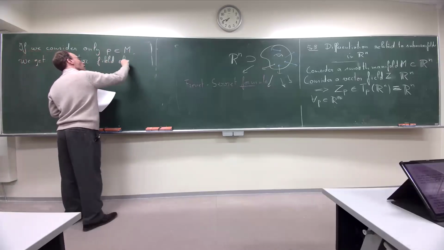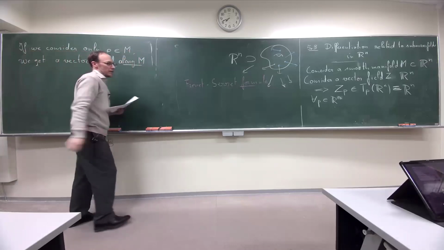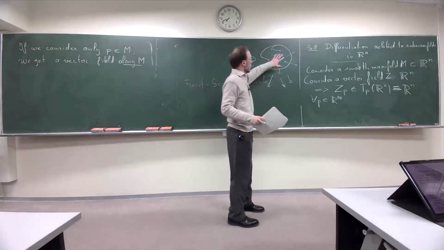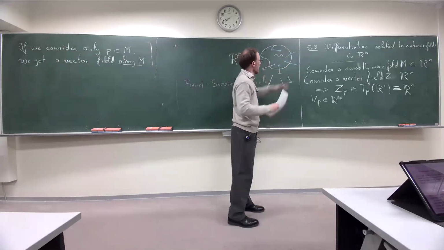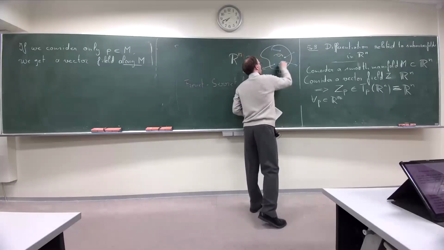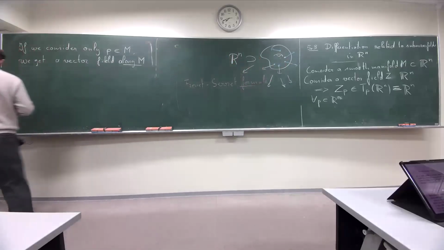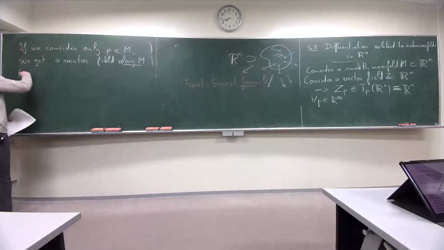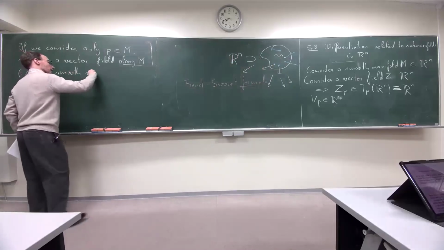It's called along M. I haven't introduced this. So it means that the initial vector field, which is defined everywhere, I consider it only for points p on the manifold. And it is still a smooth vector field.